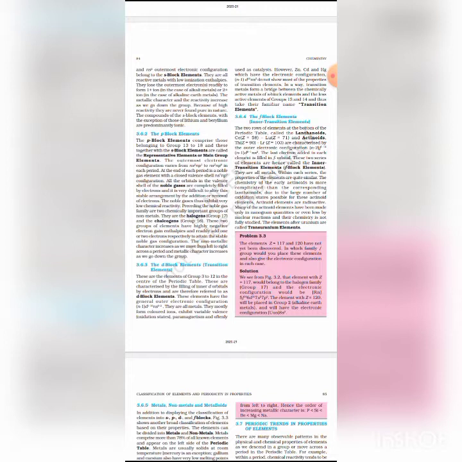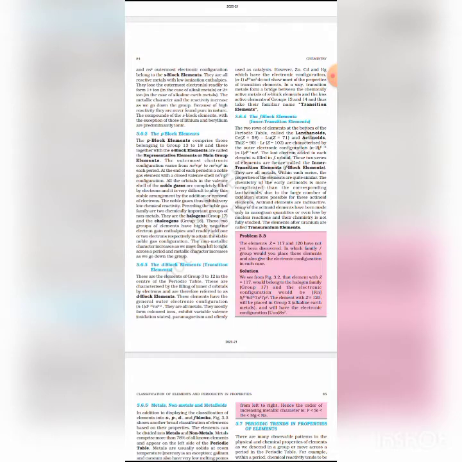They are moderately reactive metals showing properties in between the s block and p block, so they are called transition metals. They are used as catalysts.